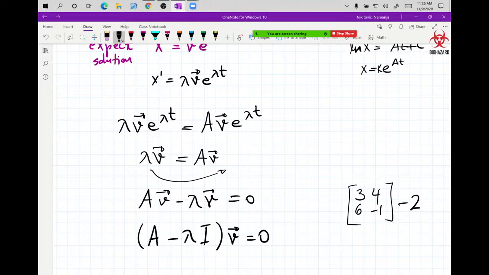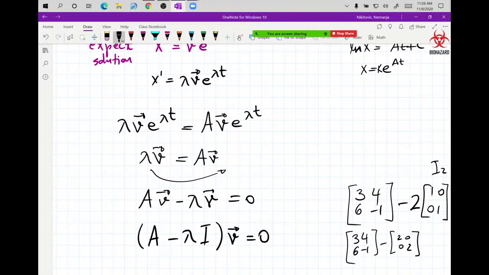So if I multiply this with 1, 0, 0, 1, which is I2, which we discussed last class, then you actually have 3, 4, 6, negative 1 minus 2, 0, 0, 2. And now you can actually subtract.